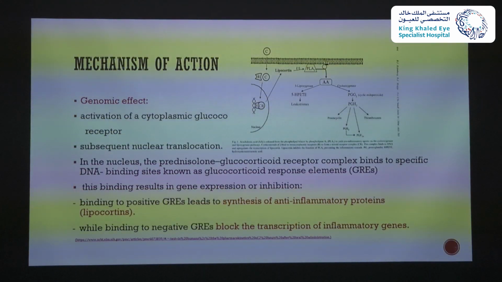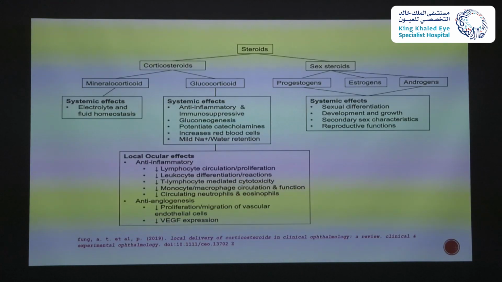While the genomic effect is based on the attachment of steroid to specific receptors in the cytoplasm, and this complex will go to the nucleus, attach to the DNA and cause positive or negative effects on the DNA. The positive effect can induce the synthesis of anti-inflammatory proteins, while the negative effect blocks the transcription of some inflammatory genes.